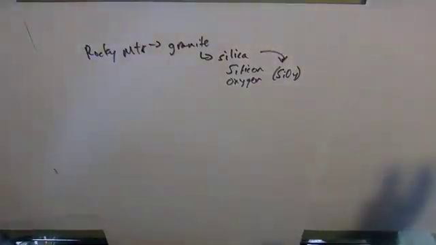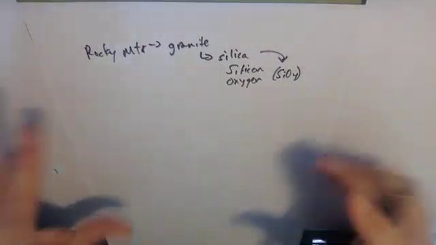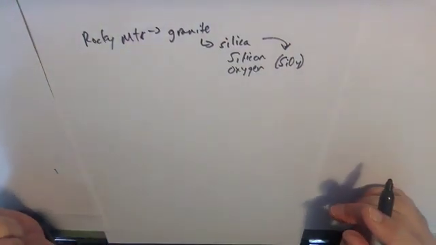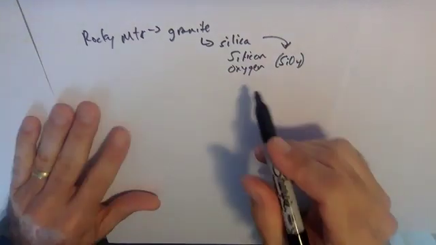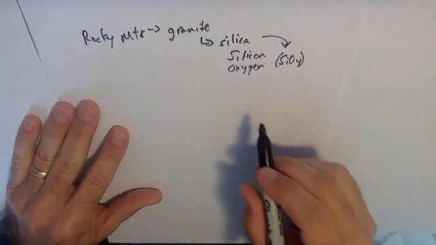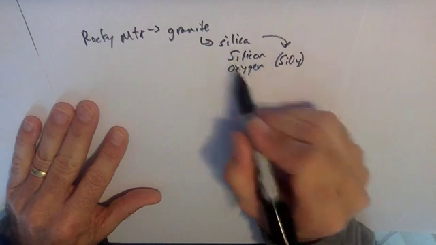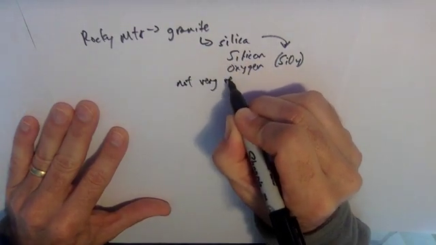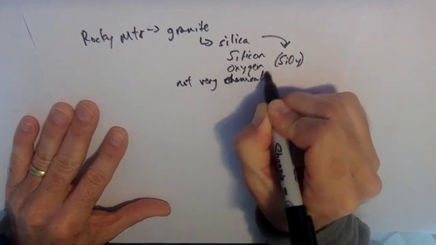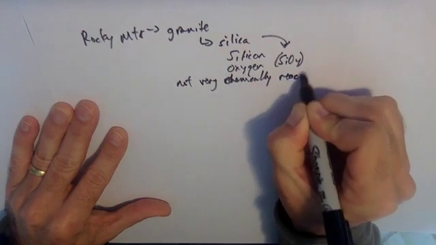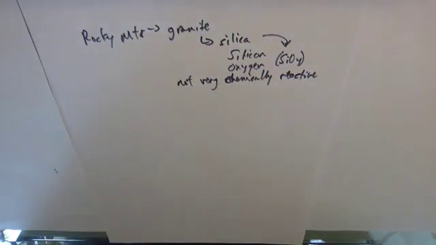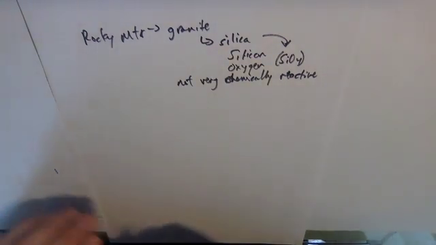You don't have to know a lot about this, other than these are the most abundant kinds of rocks on Earth. So there are lots and lots of rocks like granite that are made of silicon and oxygen. Well, silicon and oxygen-rich rocks are not very chemically reactive. Those minerals are not very soluble in water. So when water flows across a granite, not a whole lot happens to it, the water or the rock.